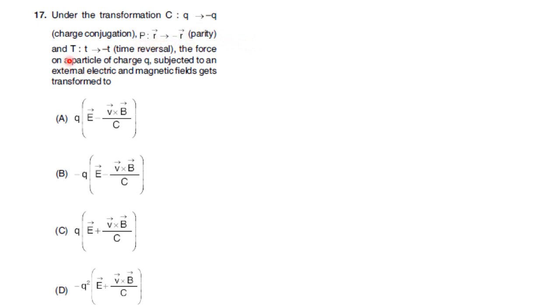Under the transformations charge conjugation Q to minus Q, then parity, that is R transforms to minus R, then time reversal T changes to minus T, the force on a particle of charge Q subjected to external electric and magnetic fields gets transformed to?